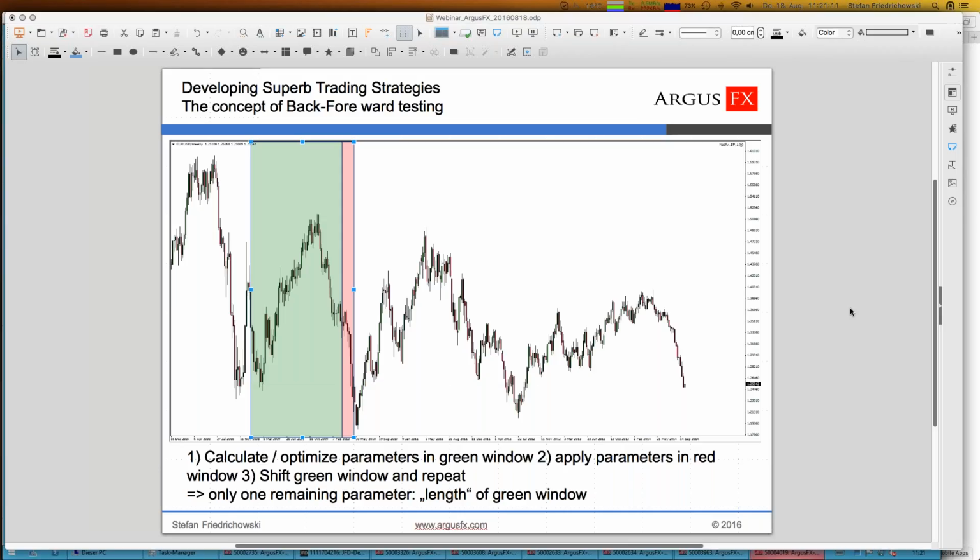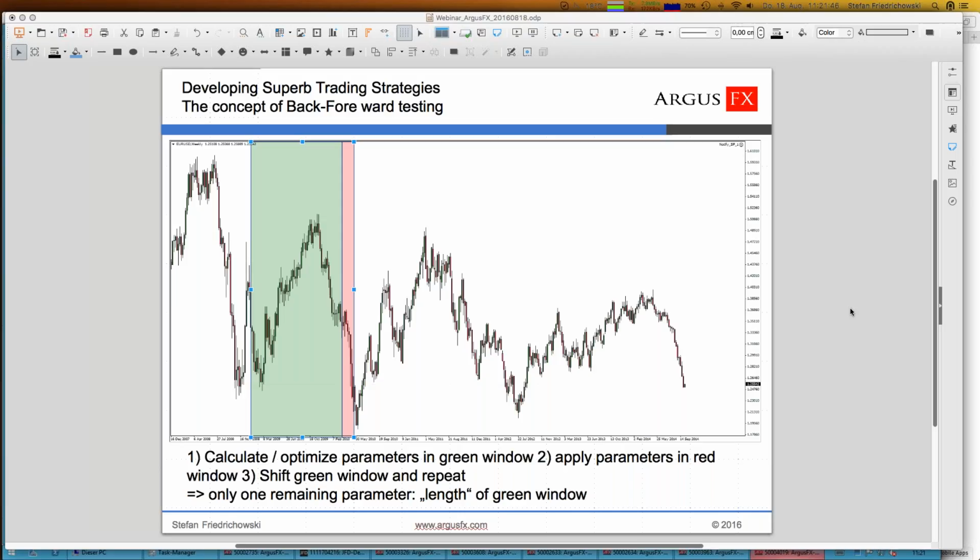But think about any trading strategy. Any trading strategy might have something between, let's say, 2 parameters or even 6 parameters or whatever. So mathematically, what we do here is we reduce the number of parameters to simply 1. And the one remaining parameter is the length of the green box.